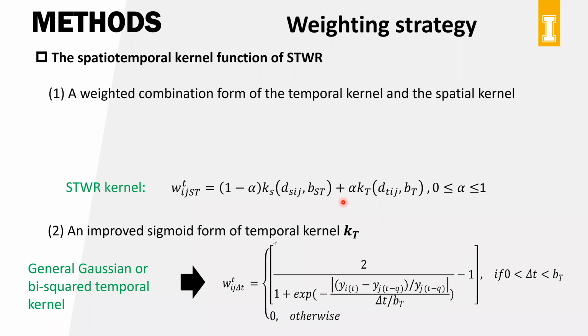For STWR, we take time into account. There's also another algorithm called GTWR that takes time into account based on GWR. The difference between STWR and GTWR is the way that we treat the time distance. We call it the time kernel here.